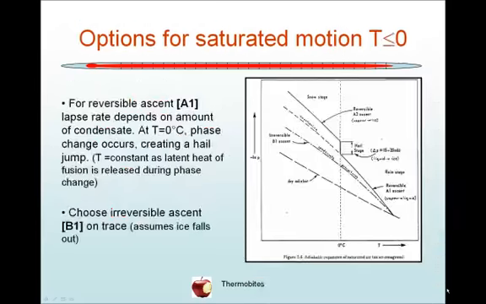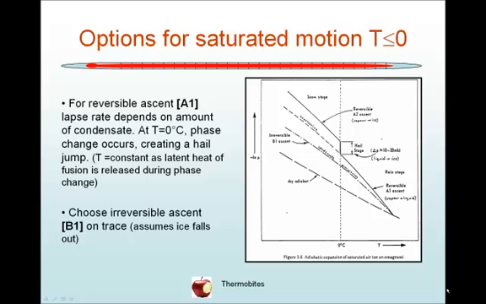Let's consider the reversible ascent A1. That's where the liquid water is retained. What happens when it freezes? Well, at temperature T equals 0, there's a phase change occurring, and so we get a hail jump. There's a rapid amount of warming because there's latent heat of fusion released.